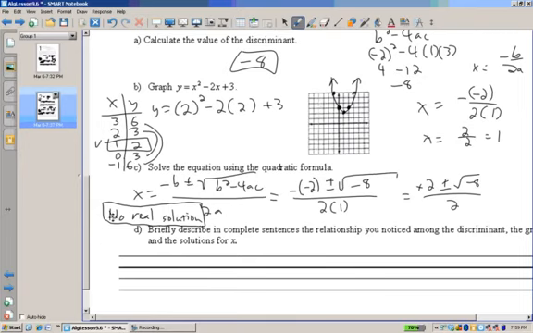So the connection here is that when the discriminant is negative, there will be no roots or x-intercepts, again, those words being synonyms in this context, and there will be no real solution.